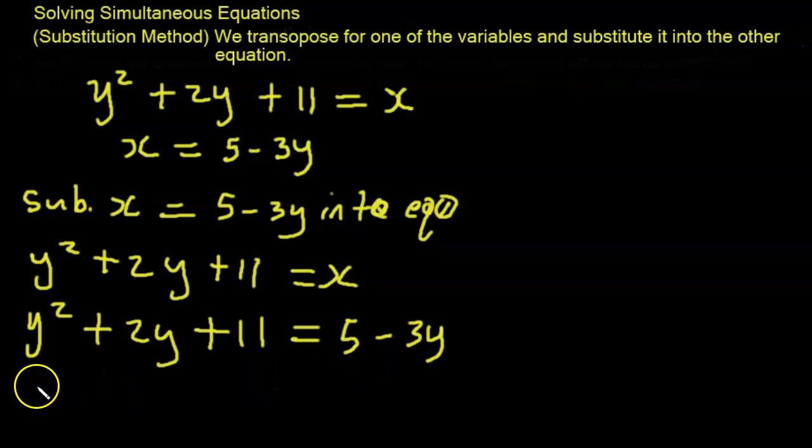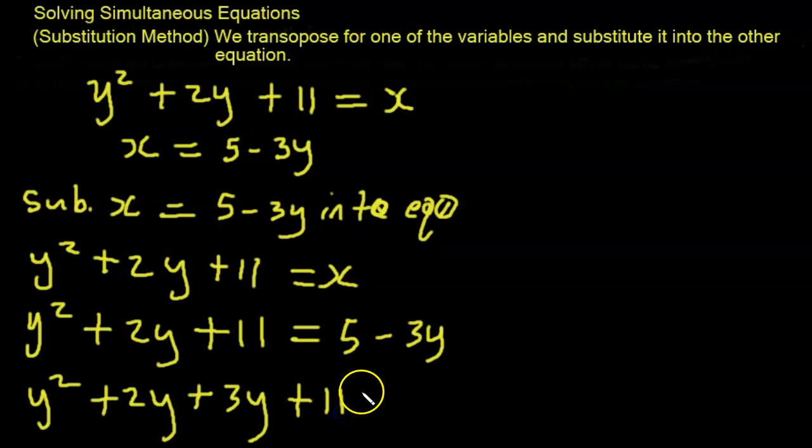So we group like terms. So we have y squared plus 2y. Let's group the y terms here. Bring over this, it becomes plus 5y plus 3y, positive 3. And grouping the constants, I have positive 11 over here. Group with the 5, it's minus 5.